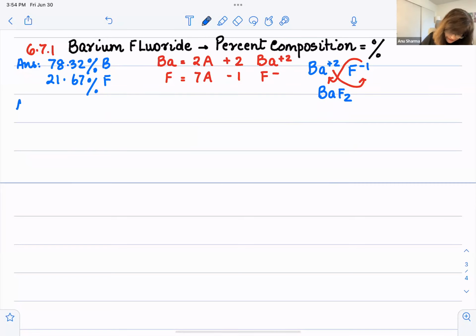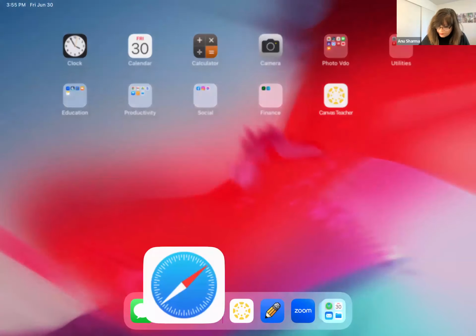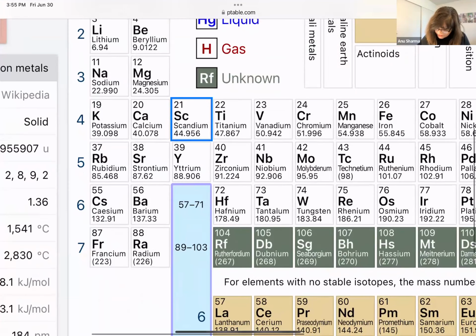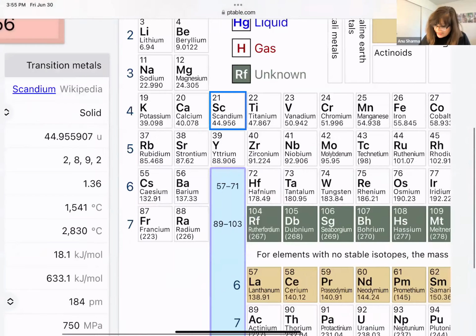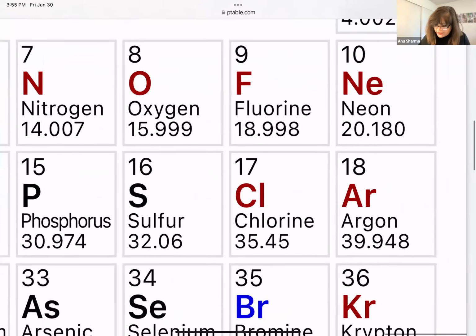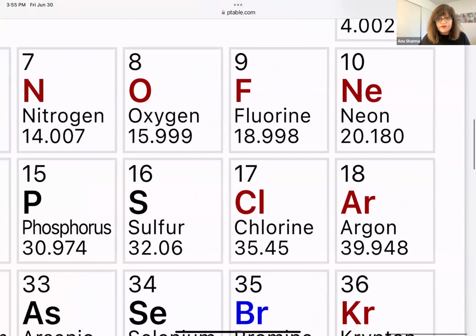First find the molar mass of BaF2. Let's look at the mass of barium: it is 137.33, so it's okay to use 137, and fluorine is 18.99, so it's okay to use 19.